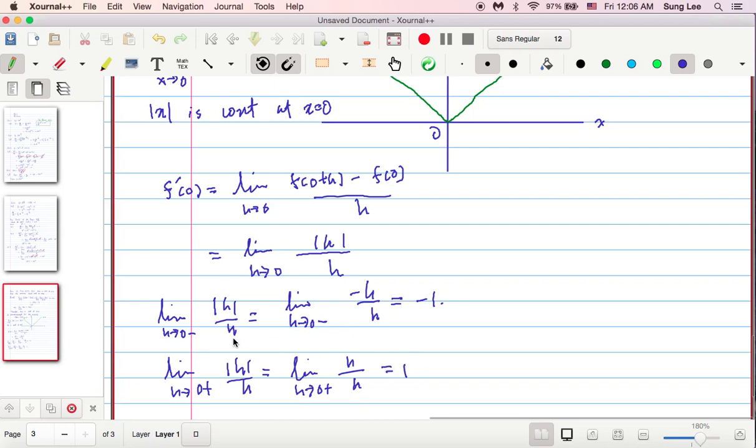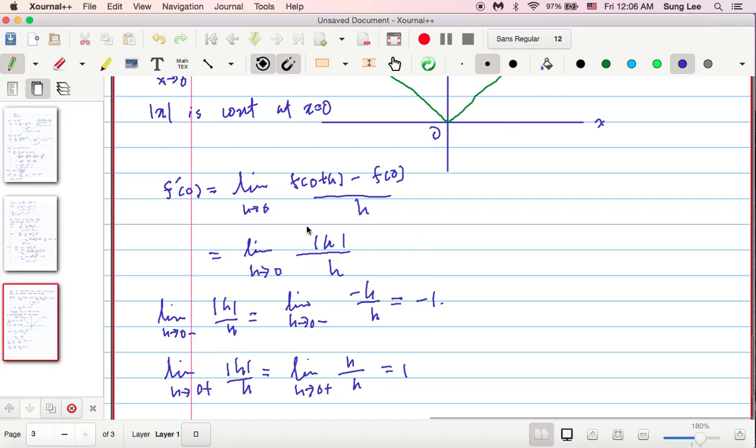So the left-hand limit and right-hand limit at x equals 0 do not coincide. The left-hand limit is negative 1, the right-hand limit is 1, as we observed from the graph of the absolute value of x, right?